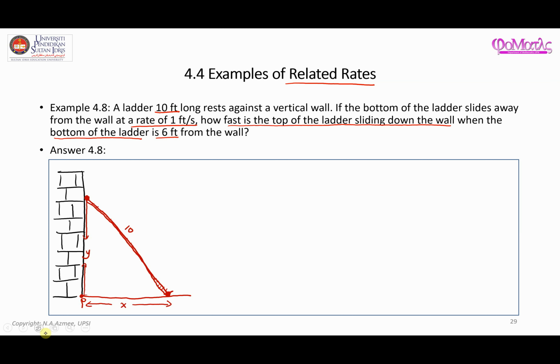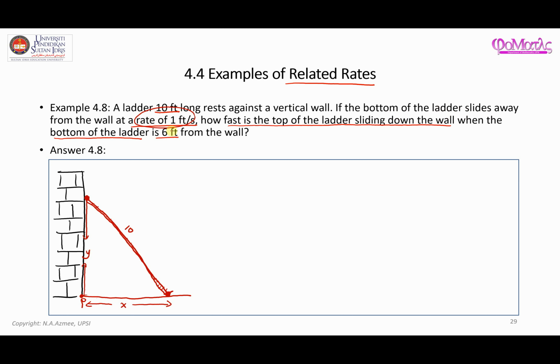What information do we have next? We have this rate here, which is 1 foot per second, and this rate represents the bottom of the ladder sliding away. That means the movement of x, the distance.